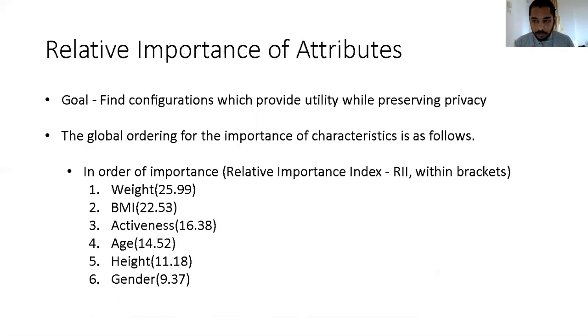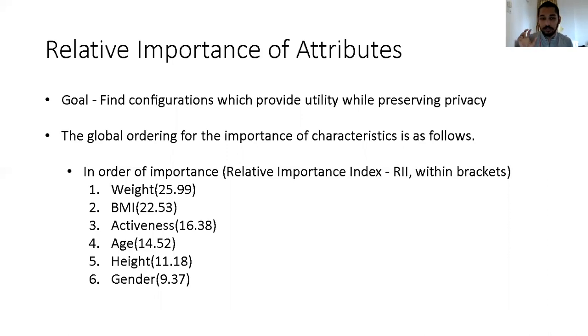So next, to answer our final research question, we want to see which sensor configuration can be used to provide gait-based utility, but preserve privacy as well. In other words, we want to be able to use gait as an authentication biometric, but we also want to make sure gait doesn't reveal other information like height and weight.